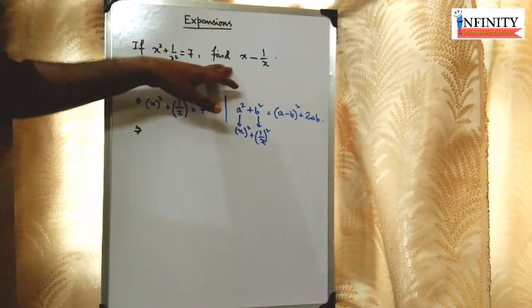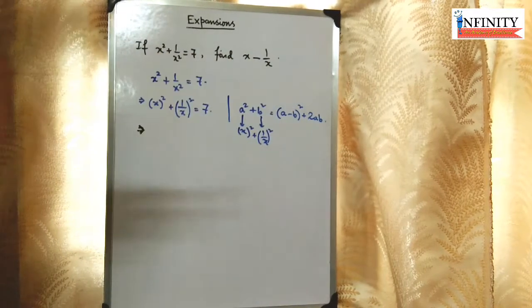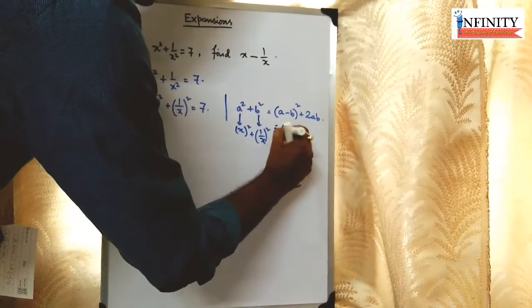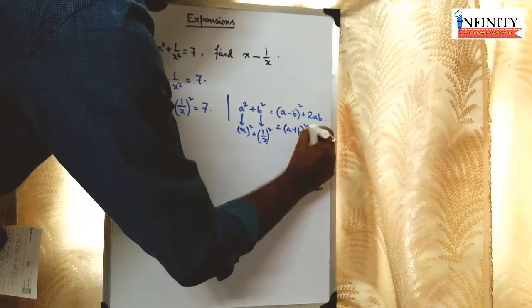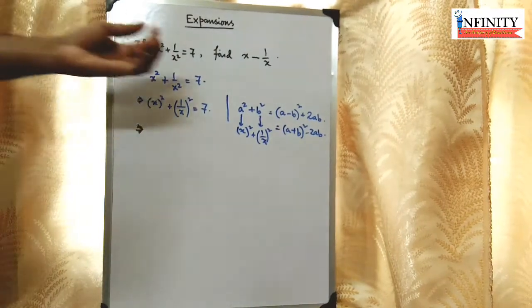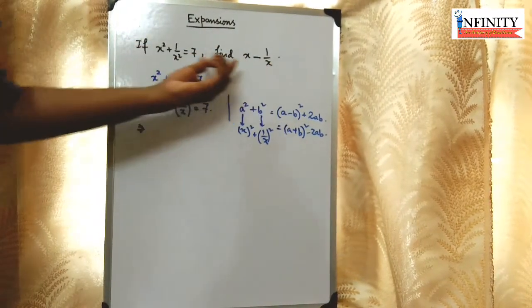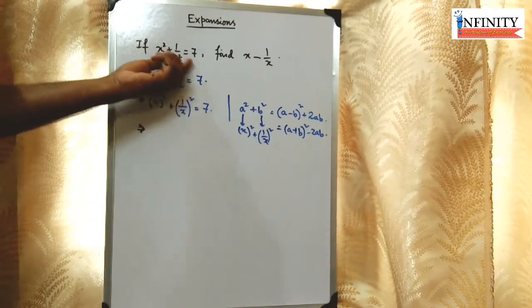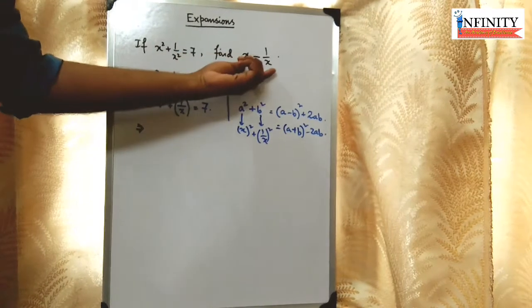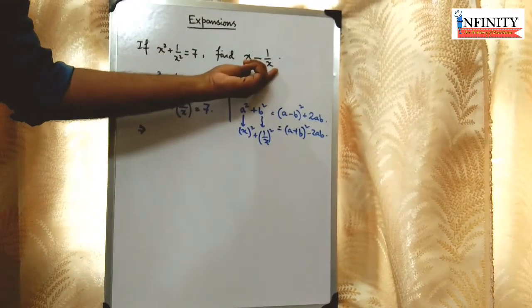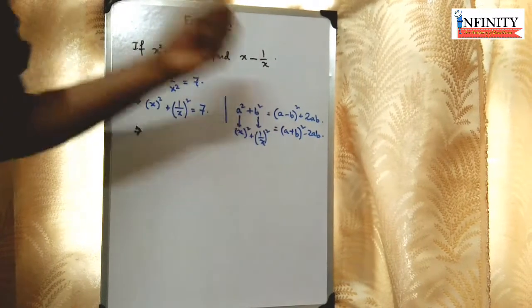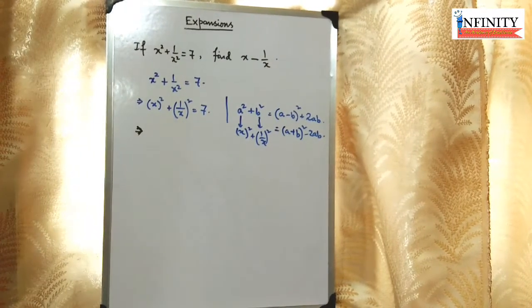If you have to find x plus 1 by x, then you have to take the formula for a square plus b square, which is a plus b whole square minus 2ab, right? So when you have to find x minus 1 by x from the square sum, then you have to follow this negative formula. And when you have to find the sum of x and 1 by x from the square sum, then you have to follow this sum formula, that is a plus b whole square minus 2ab.